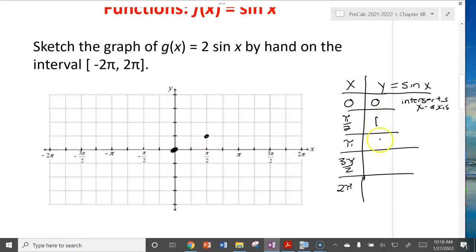Sine of pi is 0, so you've got another intersection. Sine of 3 pi over 2 is -1. And then sine of 2 pi is 0. Now notice we've completed what's called one cycle. We've gone up, down, and back up. That is the period.